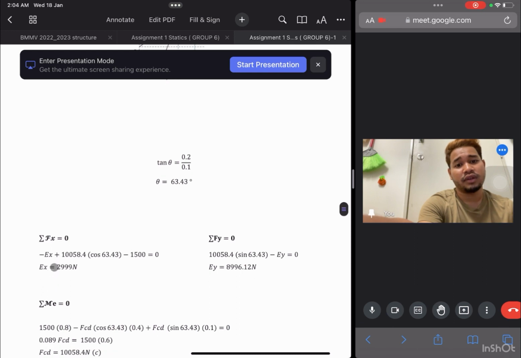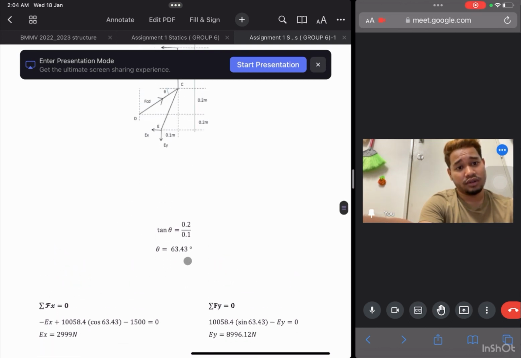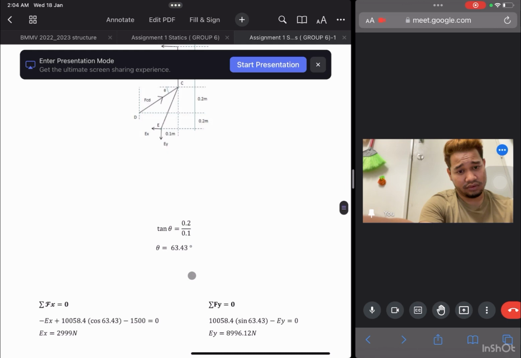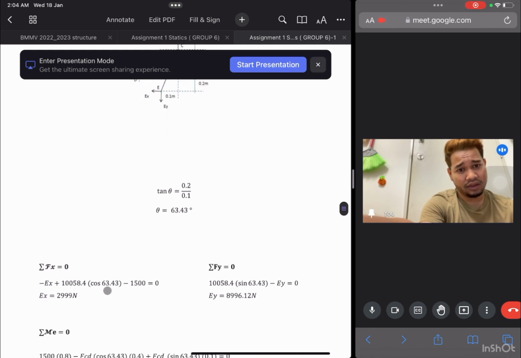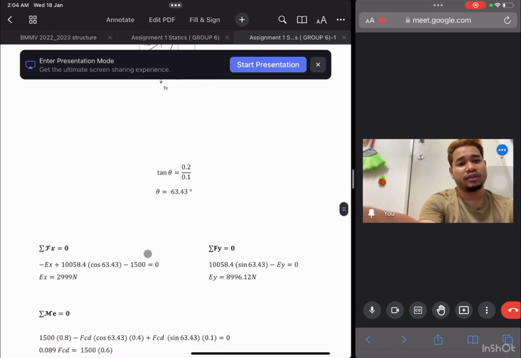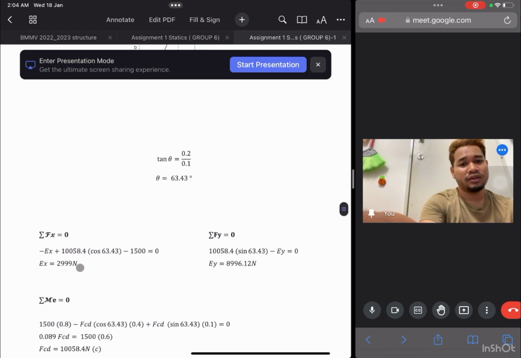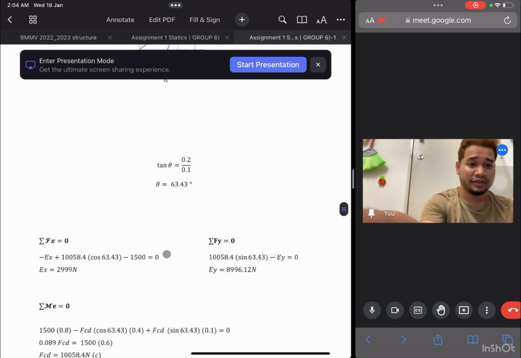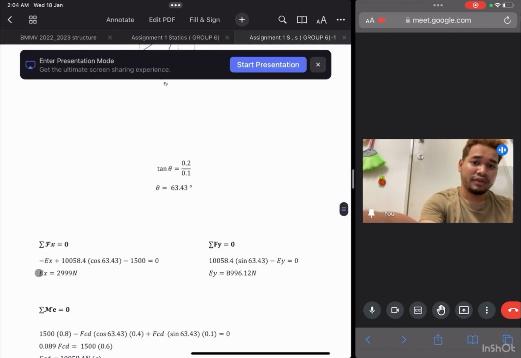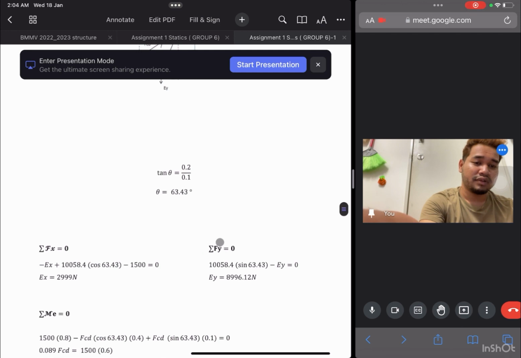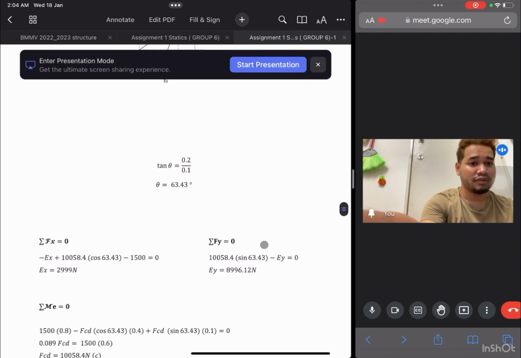So negative EX plus 158.4 cos angle 63.43 and minus 1,500 equal to 0. So we got the EX 2,999, and after we got the EX, we go to the equation for total Fy equal to 0.